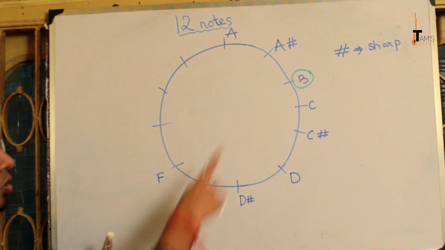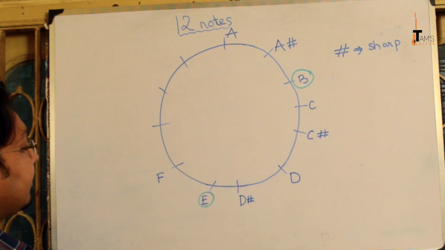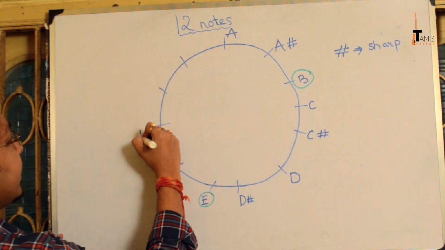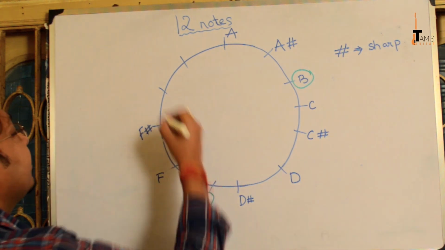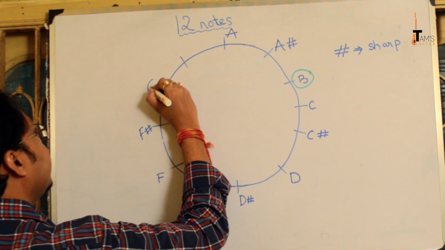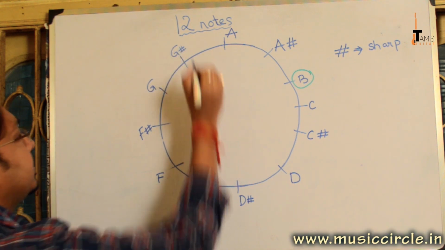So there are two notes that don't have any sharp, that is B and E. Remember this. And after F, you can already guess, it's F sharp. And after F sharp we have G, and after G we have G sharp.